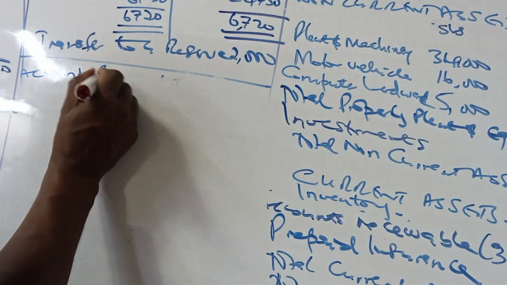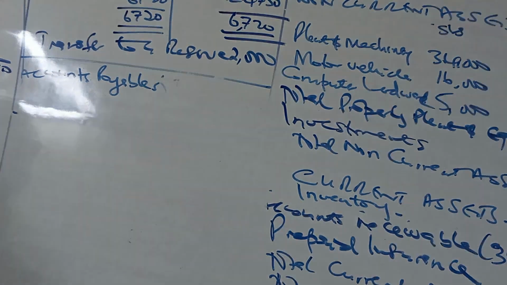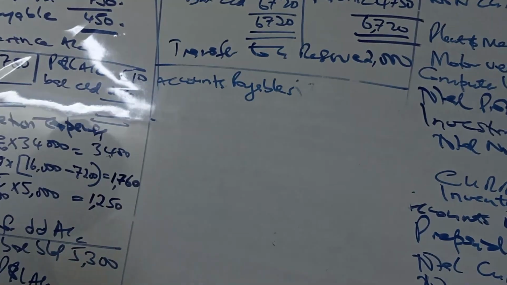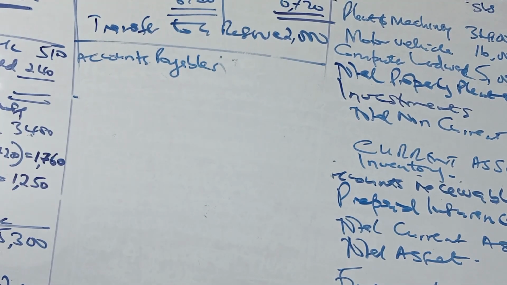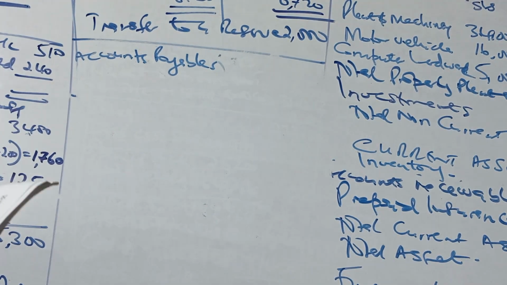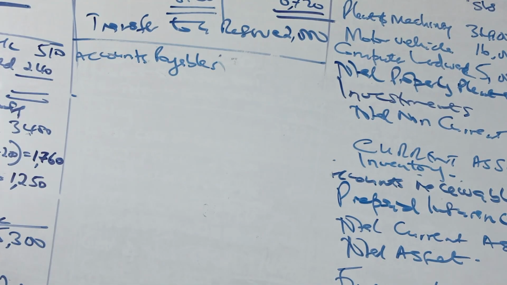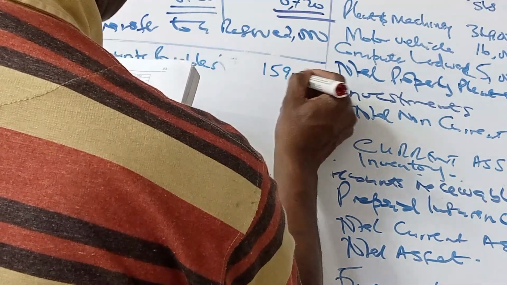Our accounts payable from the trial balance is 15,900.